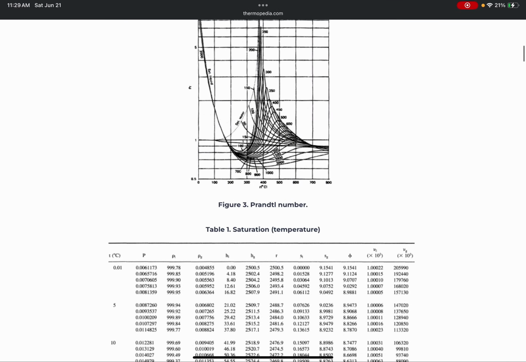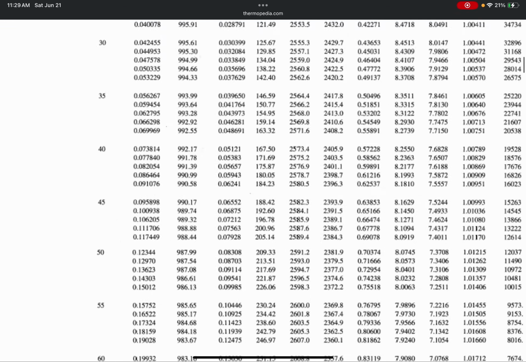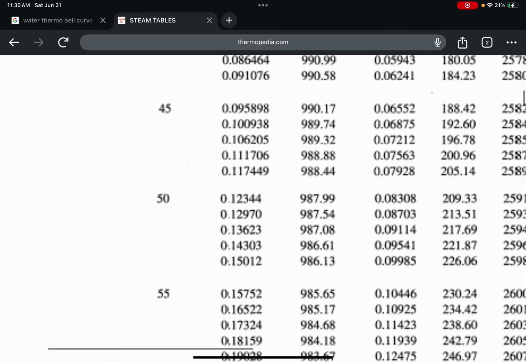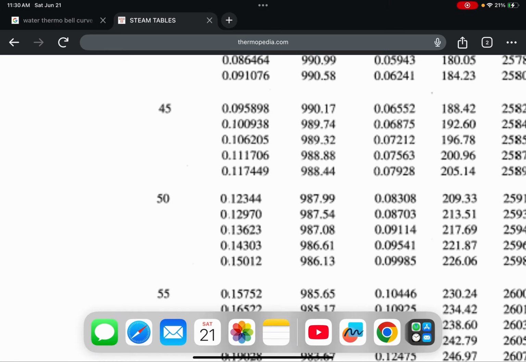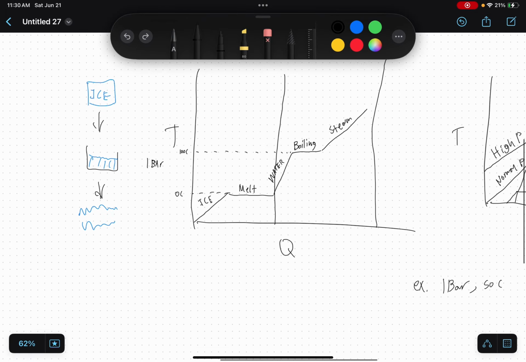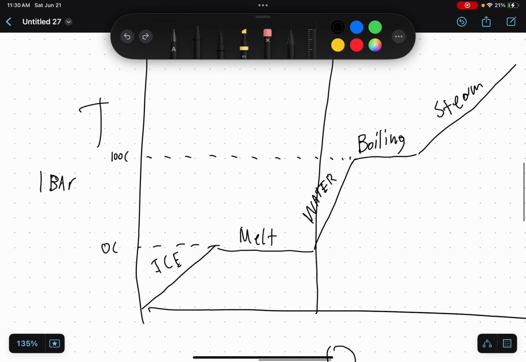Pressure is the second column? Yeah, pressure is the second column. Wish I could draw on this page. Of 0.12344 bar. Which is, I might as well just keep this line here and make it another color. Let's make it green.